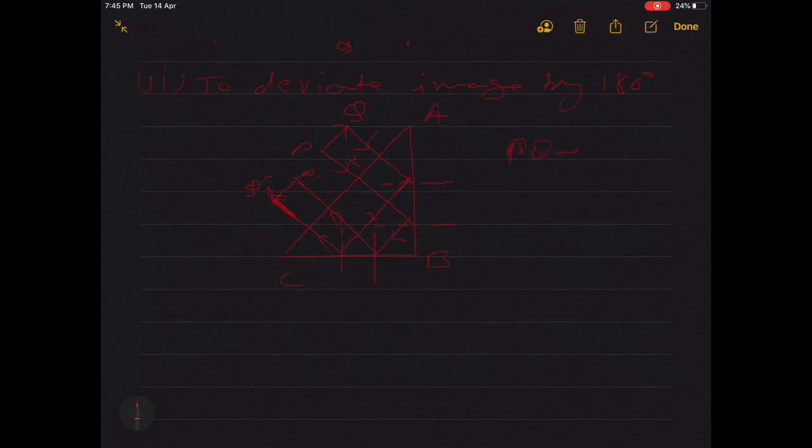So PQ is object here also, and P dash Q dash is image here also. The angle between these two is how much? 180 degree. So this is another way to use right angle isosceles prism to deviate image by 180 degree.